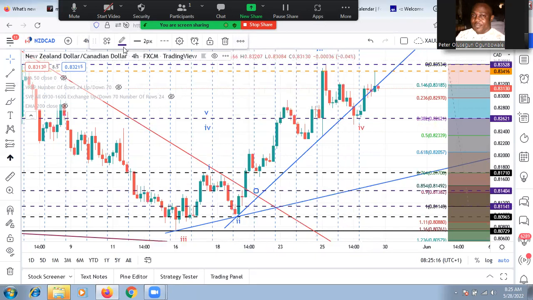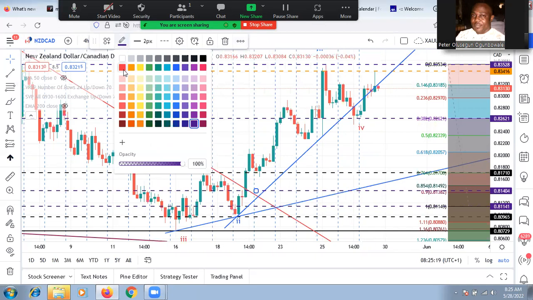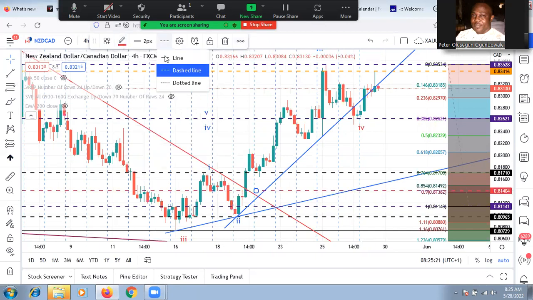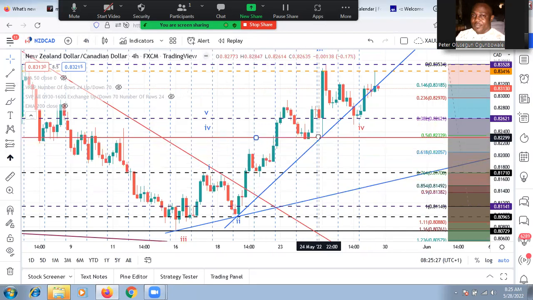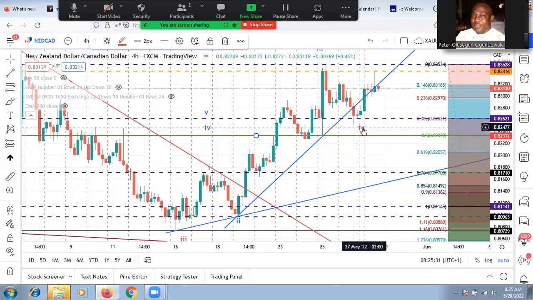If I use a red for that, price should not break lower than this for now. Price should not break lower than that for now.